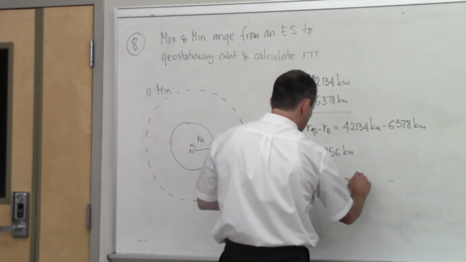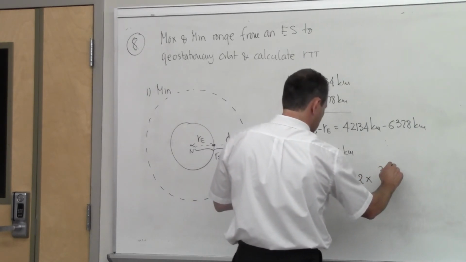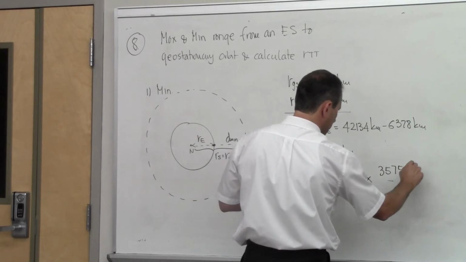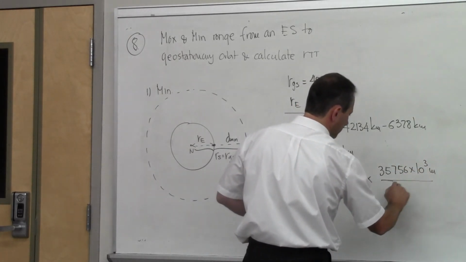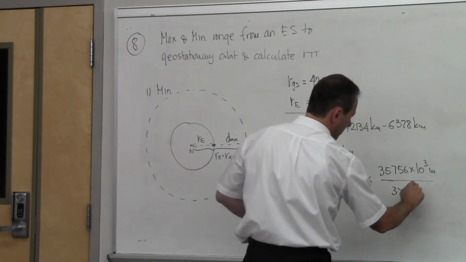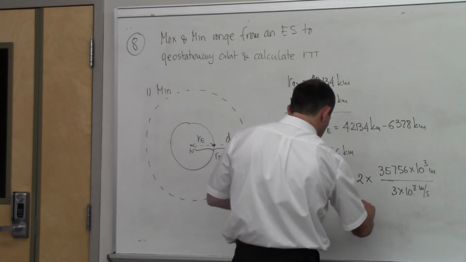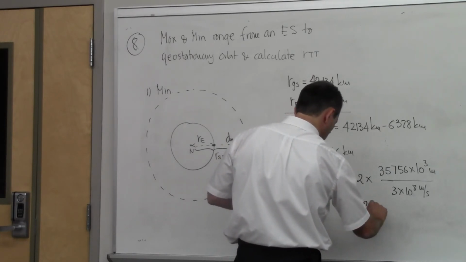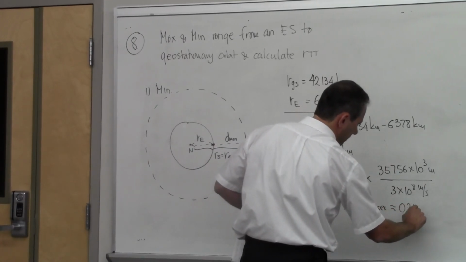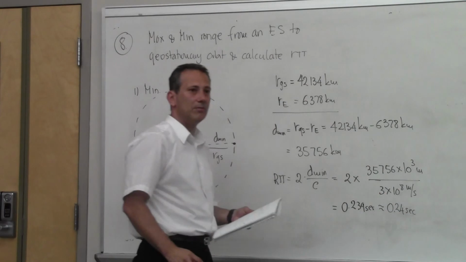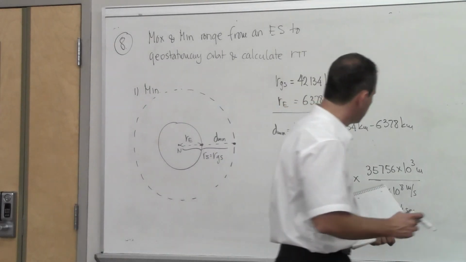When you substitute the values, this becomes 2 times 35,756 times 10 to the 3 meters divided by 3 times 10 to the 8 meters per second. And when you do the calculations, this is 0.239 seconds, around 0.24 seconds. So 240 milliseconds is the delay that we have in talking to the satellite.